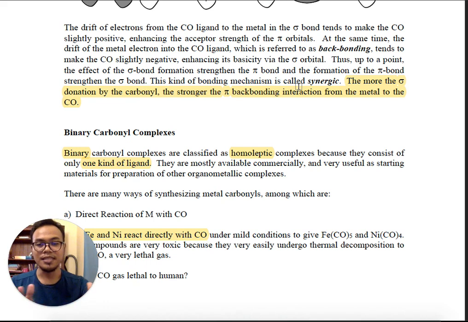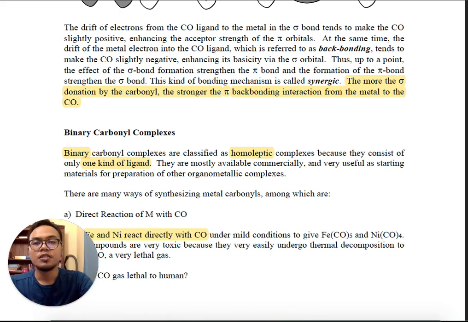So this is basic: when you are donating your electrons, you become more positive. And this will enhance the acceptor strength of the pi orbitals. Because in order to accept more electrons later, you have to be slightly positive, because electrons that will be coming in are definitely negatively charged. Only then will you have a greater tendency to accept the electrons in.